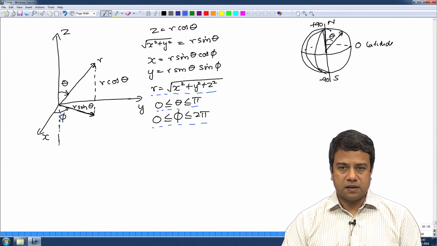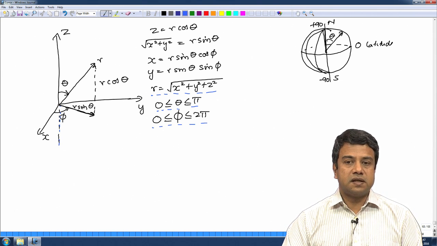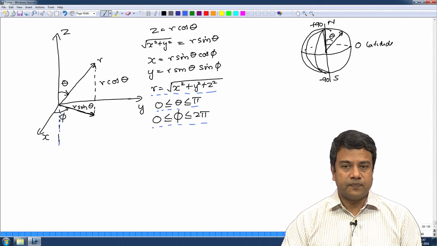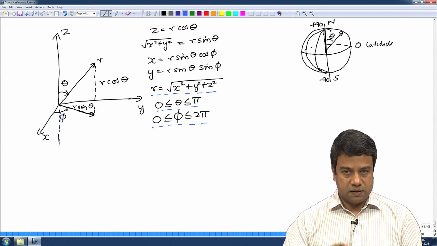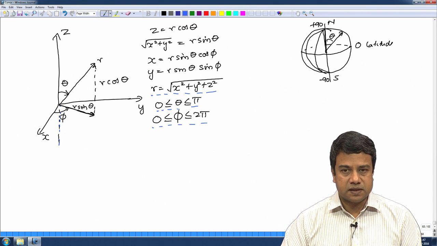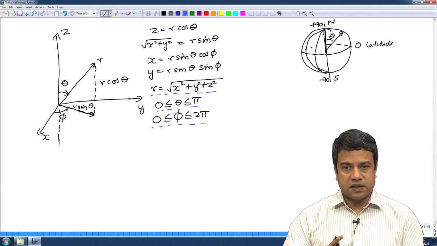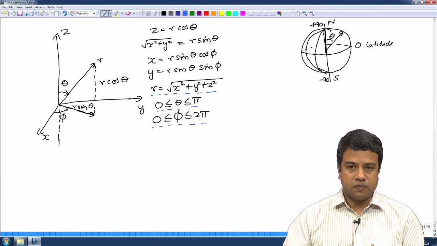Conventionally, that corresponds to the latitudes. But conventionally, the latitudes go from 90 degrees on the north pole to minus 90 on the south pole. That is by convention. If you wanted to define the angle from the north pole itself, then theta would go from 0 to pi.